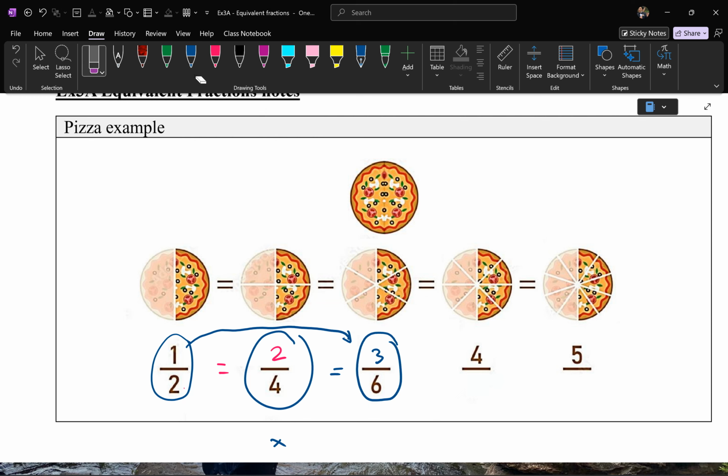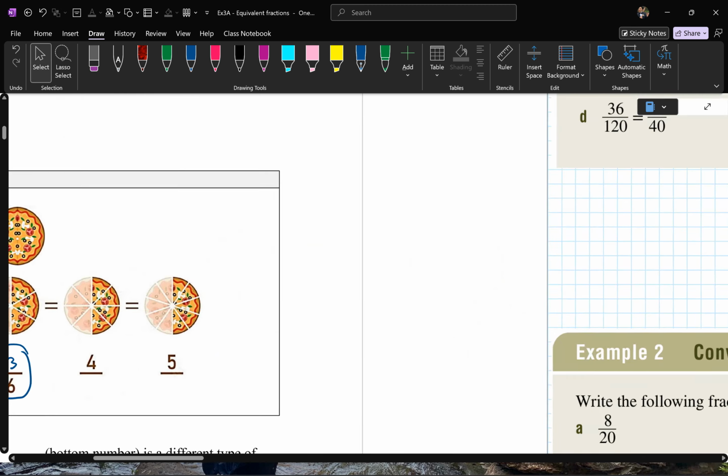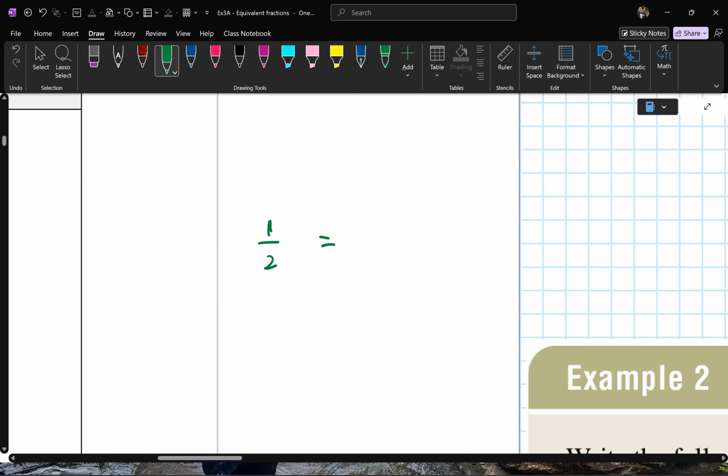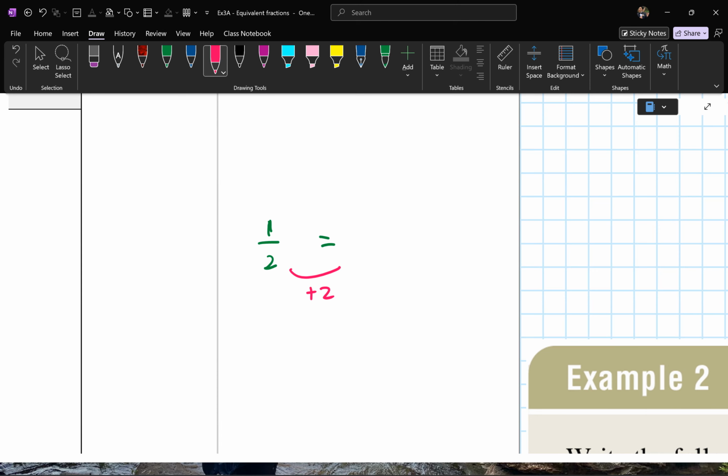Now this is where I question, because this is the whole idea of equivalent fractions. So when they taught you that in primary school, the question is, why is that true? Why is it that if I times it by 2 on the bottom, I have to times it by 2 on the top? Because if I gave you 1 over 2, and then I said, can I add 2 on the bottom, and whatever I do to the bottom, I do to the top, and add 2 on the top?